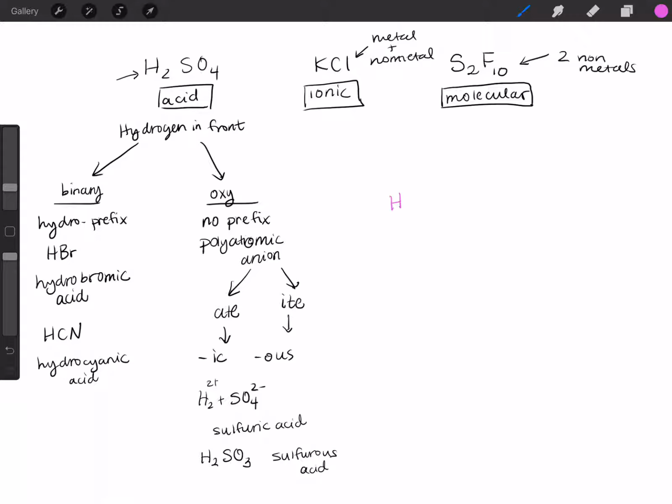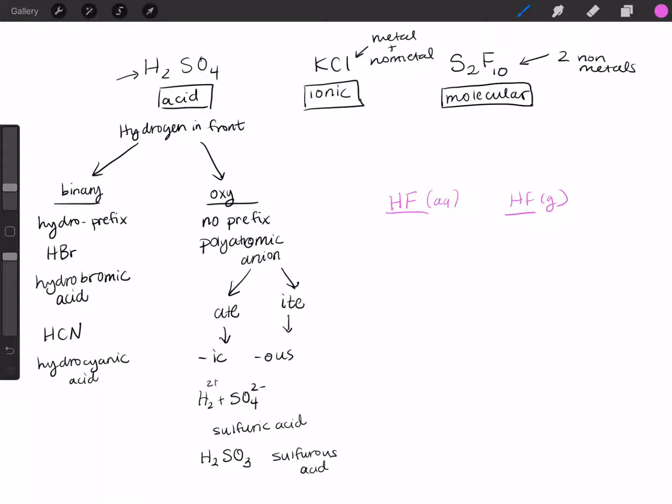So you're asking about HF aqueous and HF gas or liquid. In gas form or liquid form, or not acid form basically, it is hydrogen fluoride.